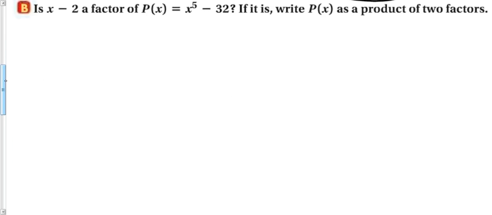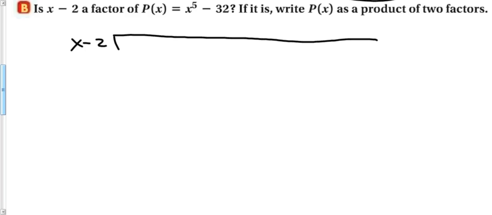For a question like this: is x minus 2 a factor of that? If it is, write it as the product of two factors. Even though this looks simple, this question gets a little more complicated because we need to include all the missing zeros.